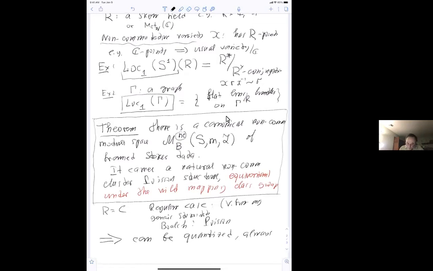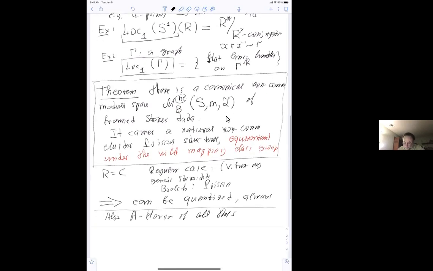And there is also a flavor of this theorem. There is some moduli space, it has a natural cluster A variety structure and so on. So why do I mention this?